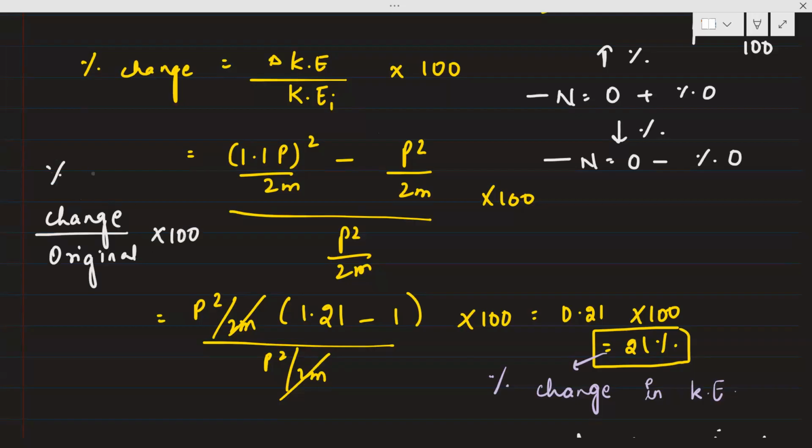This is the formula of a percentage. Change divided by original into 100. Change means whatever quantity you've got. Like if total marks is 500 and you're getting 480. Change will mean final minus initial divided by the initial into 100.